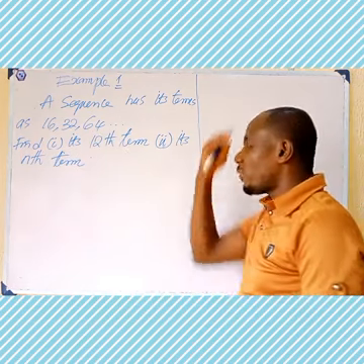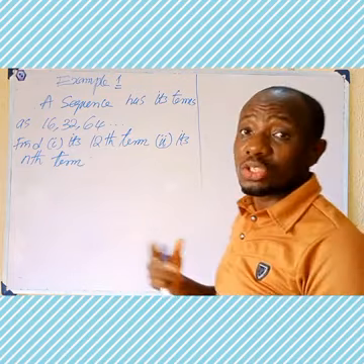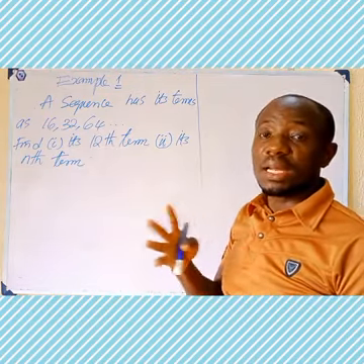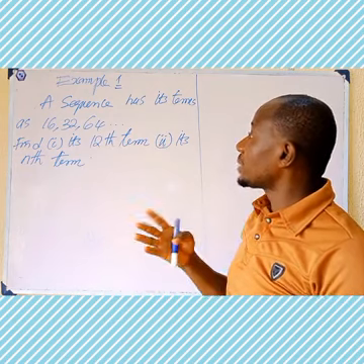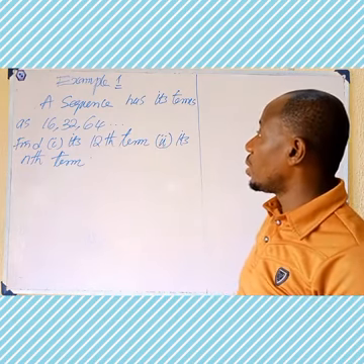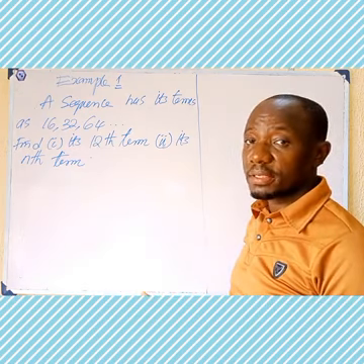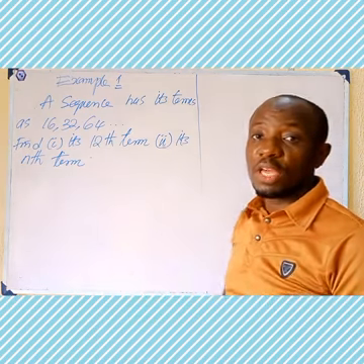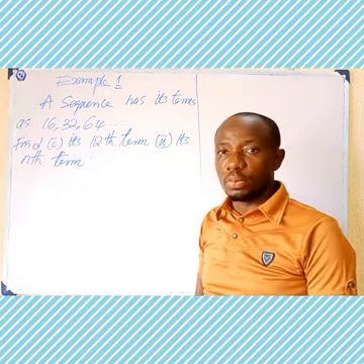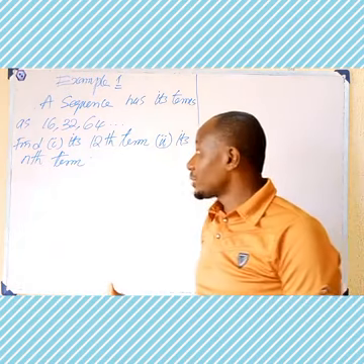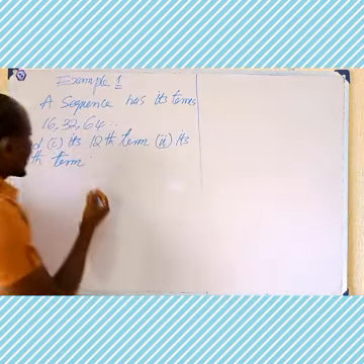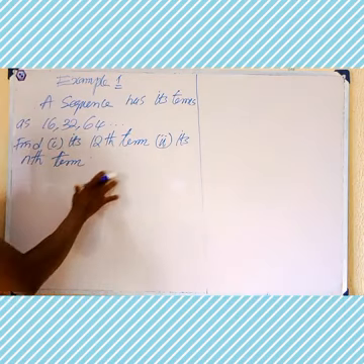Now, there are some problems that when you look at them, you don't know whether it is an arithmetic progression problem or a geometric progression problem, right? If you're not careful, you think that it's an arithmetic progression problem. Can you see it now? It looks like an AP problem.